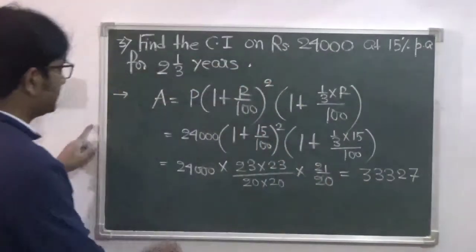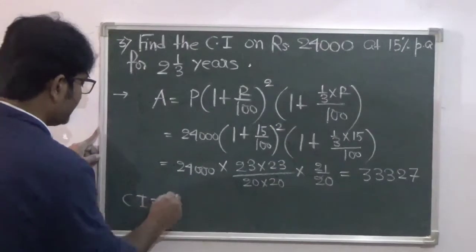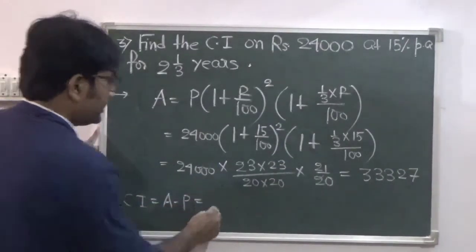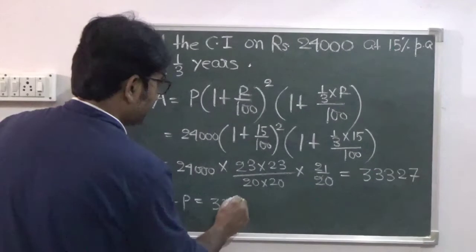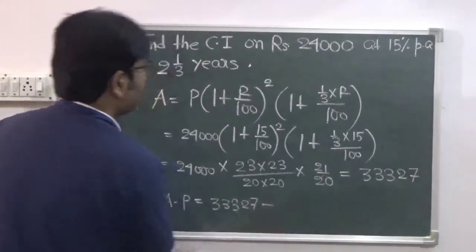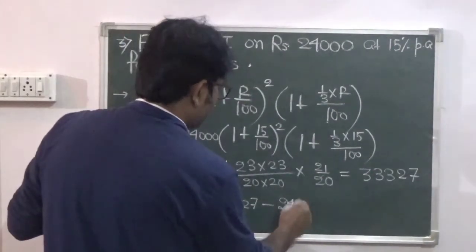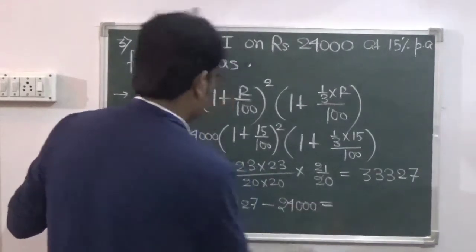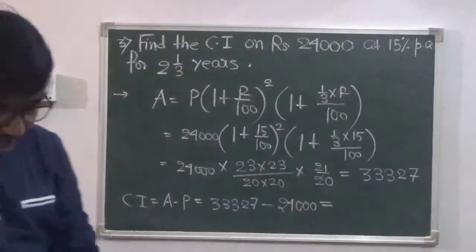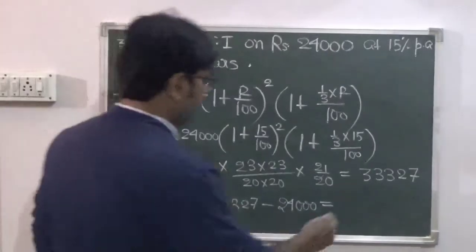Now what is the compound interest? That is amount minus principal, that is 33327 minus 24,000. So finally the answer is 9327.